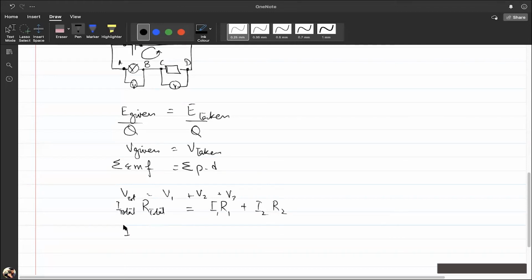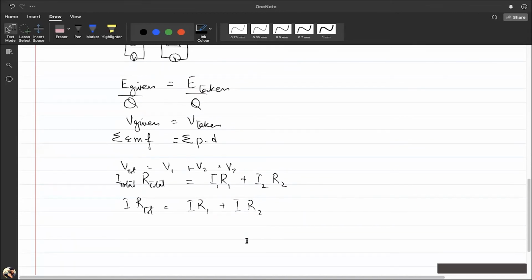So I can say that the total current times total resistance is equal to the current that entered the bulb times the resistance of the bulb plus current that entered the resistor times the resistance of the resistor, which basically means that I can take this I here, I R total is equal to I bracket R1 plus R2. And that means you can cancel this I out. So that leaves me with this idea that the total resistance is sum of resistances.